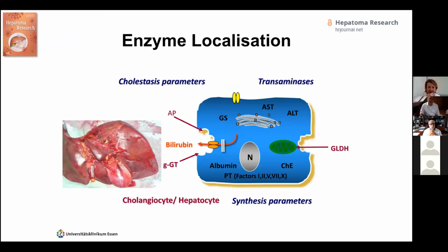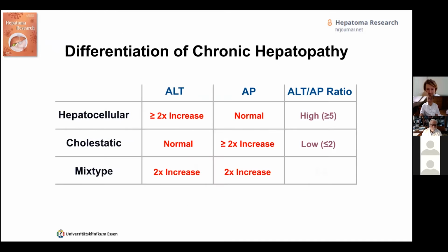So why is the liver cell so important? Because we have an enzyme localization, which represents on one side cholestasis parameters, on the other side transaminases, and we have synthesis parameters for albumin, for example, and coagulation factors, and we have cholestasis parameters like cholangiocyte markers. This combination between the different markers is very easy to do, and we can compare, for example, an increase in ALT levels.